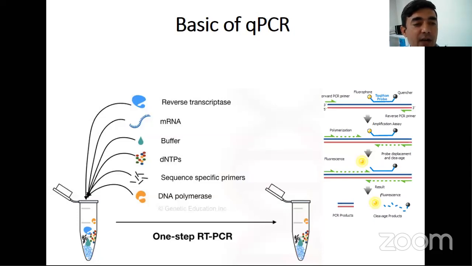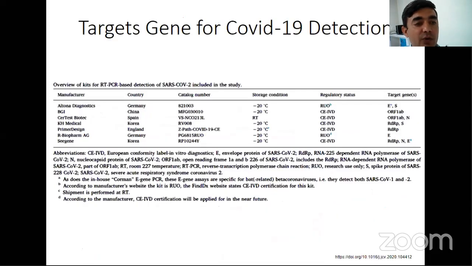The dNTPs are required, which are adenine, guanine, thymine, and cytosine. The buffers are required, and similarly the template, which is the RNA. All these ingredients, when mixed together, make a PCR reaction, which is put in the machines, and then in real time we can visualize it.